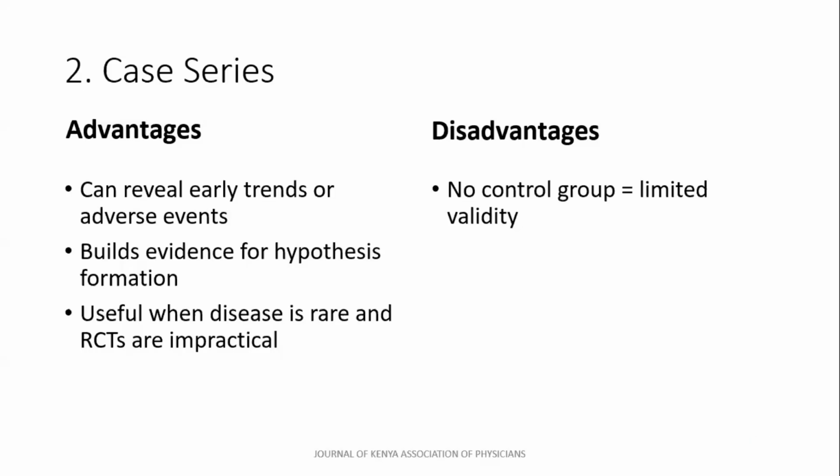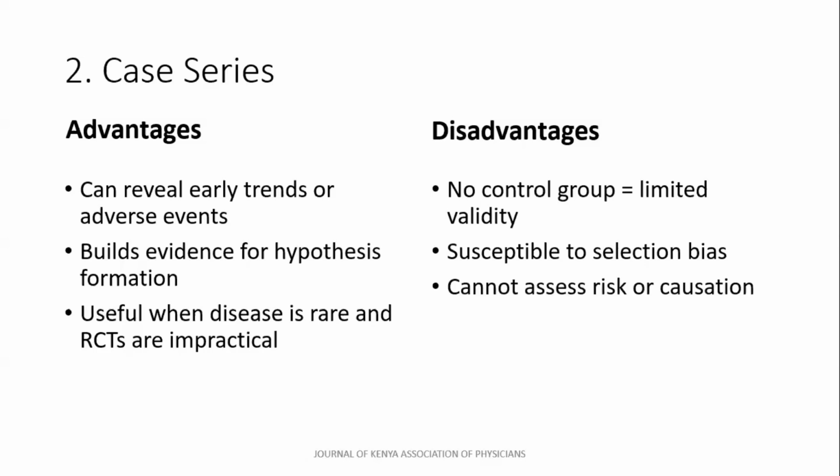It's also susceptible to selection bias, where researchers might select only the most striking or accessible cases. So while it is more informative than a single case, it still can't give us firm conclusions about risk or cause.